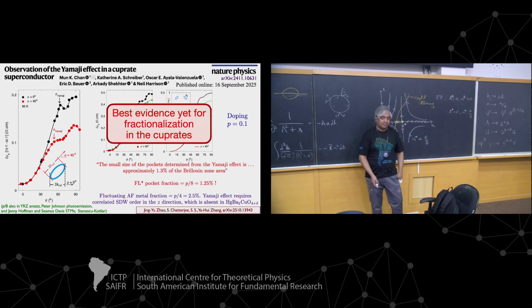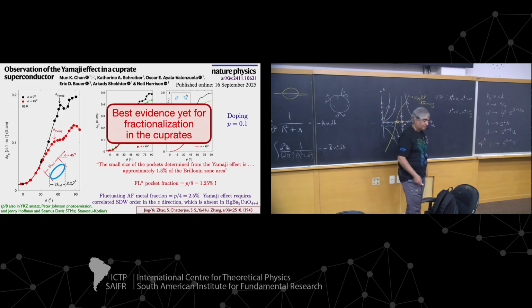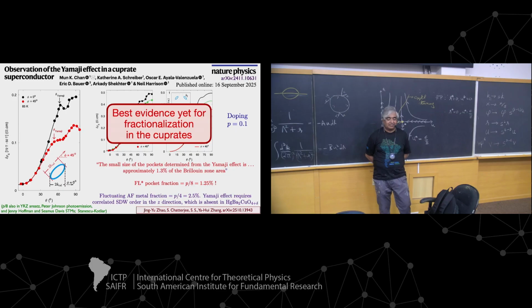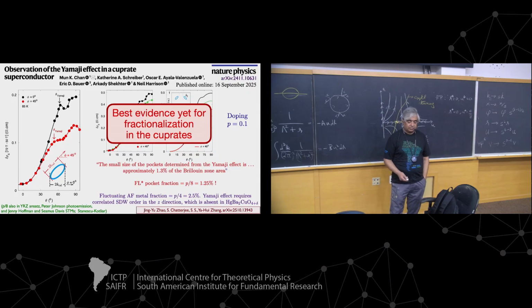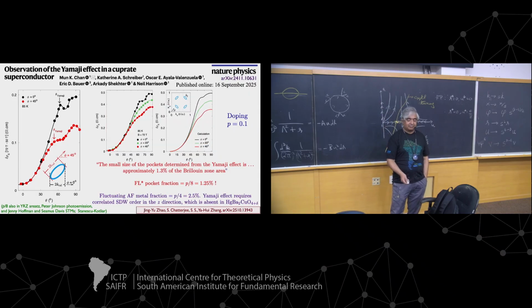If this all holds up, I think the spin liquid picture of the cuprates is going to come back. It was abandoned for quite a while by most people. So it's very exciting that spin liquid physics seems to be really present here. The calculation in this experimental paper is rather simple.